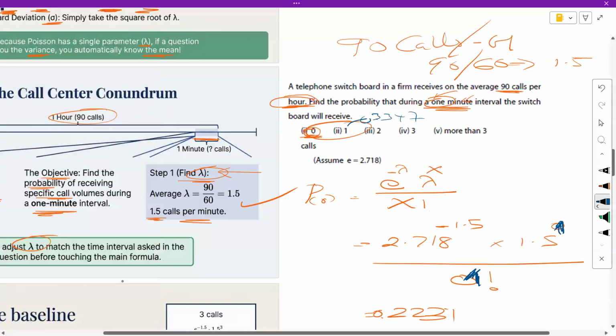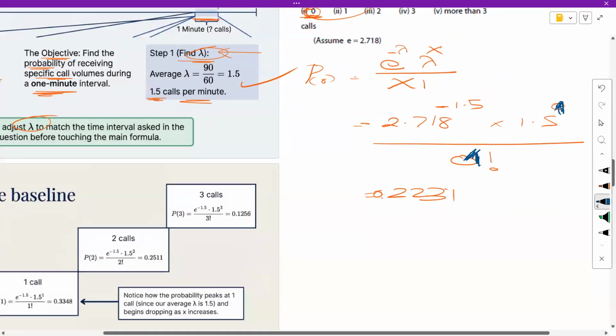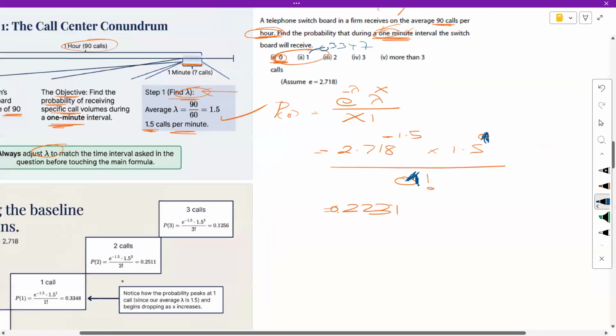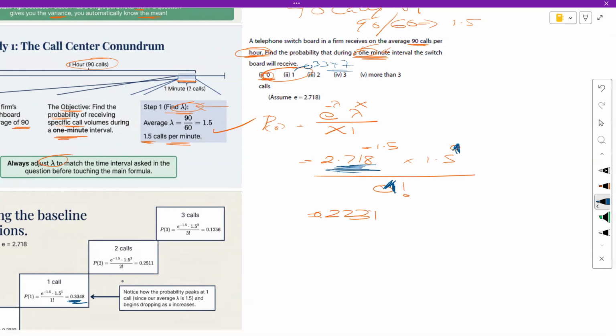Let's check the answer. Here we get an almost similar answer: 0.3348 there, and 0.3347 here. Why do we get a different answer? They apply an approximate value, but we use the exact E.